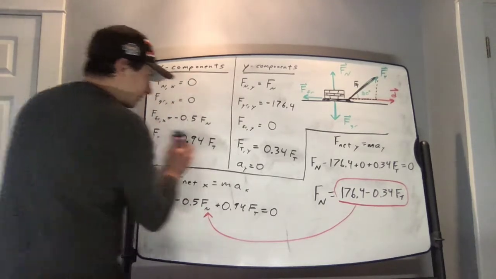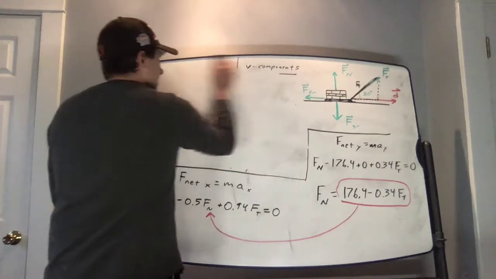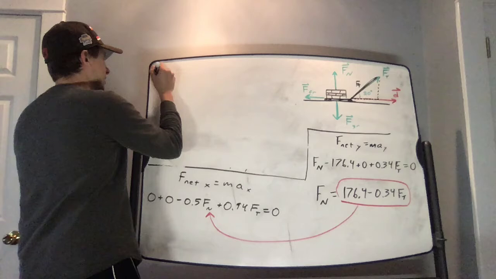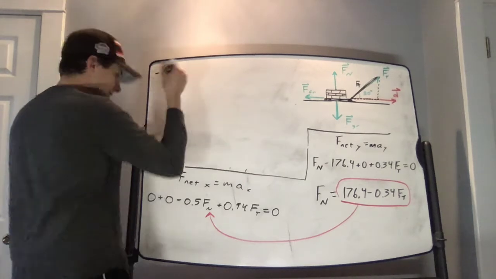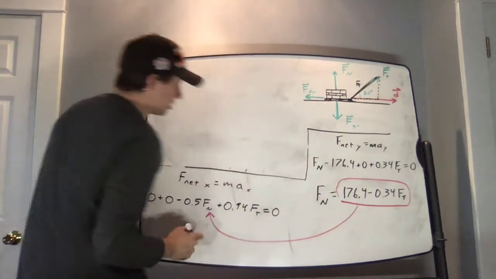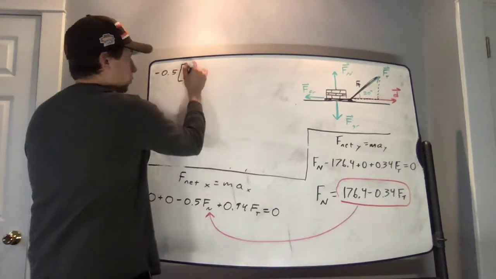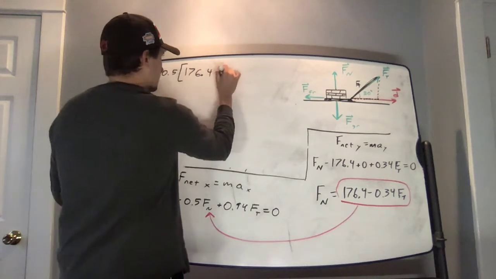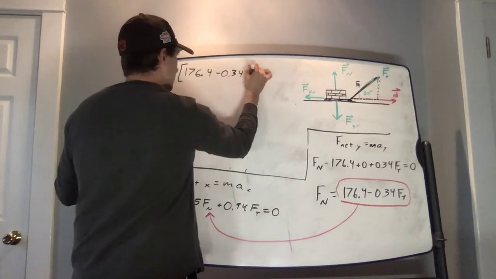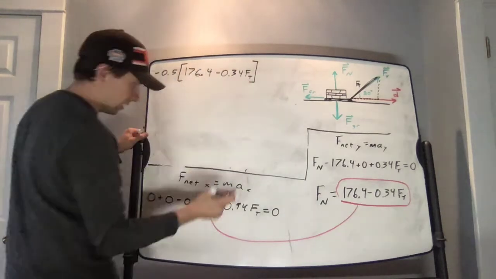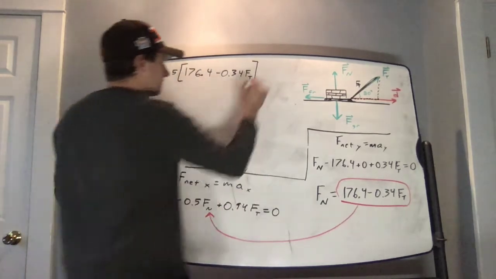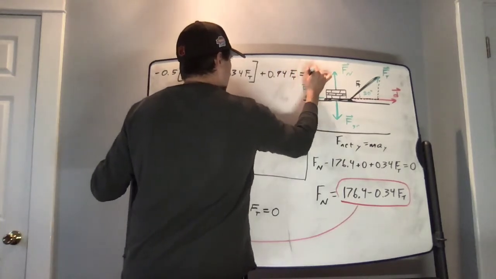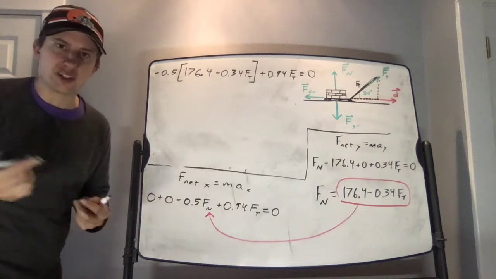And when I do that, I get negative 0.5 times all this stuff, 176.4 minus 0.34 Ft, plus 0.94 Ft, and that is all going to be equal to 0.